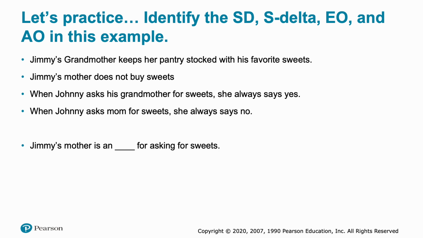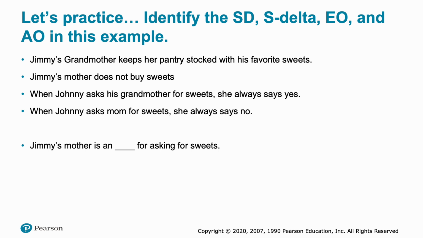Okay, so hopefully by now you've taken some time to answer that fill in the blank. In this particular case, Jimmy's mother is an S delta for asking for sweets. So the reason that she's an S delta for asking for sweets is because she signals that sweets are not going to become available, or that even if he were to ask for sweets, that will not be reinforced.